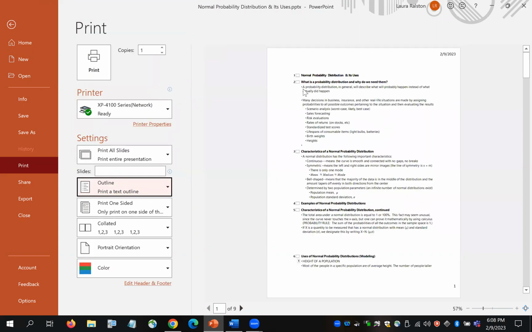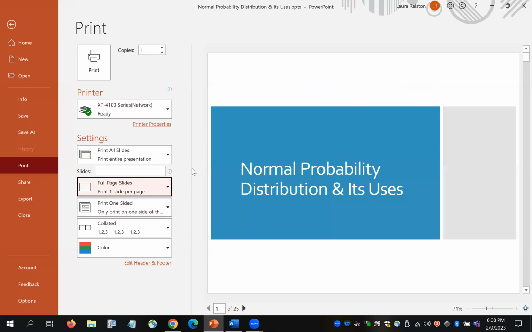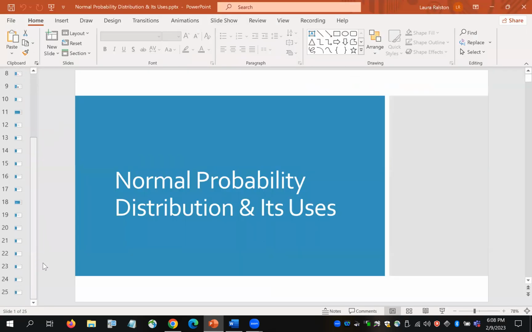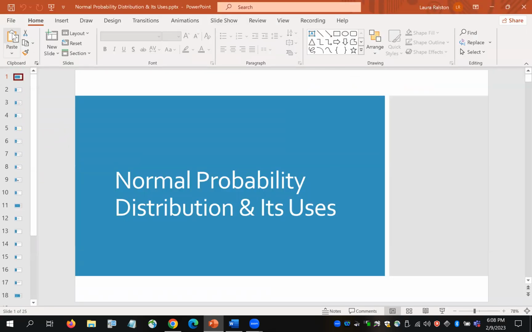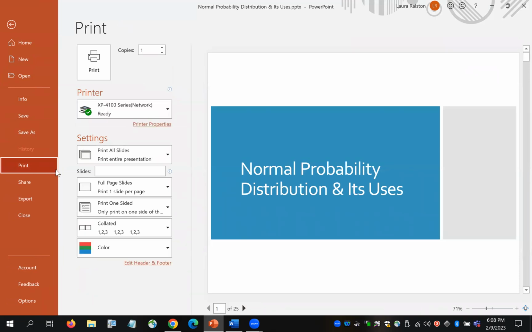The outline gives you kind of what's on each page. And so that wouldn't be nearly as many pages to print. For example, this particular PowerPoint has 25 slides. So if you were to print it individually, you would have 25 slides.